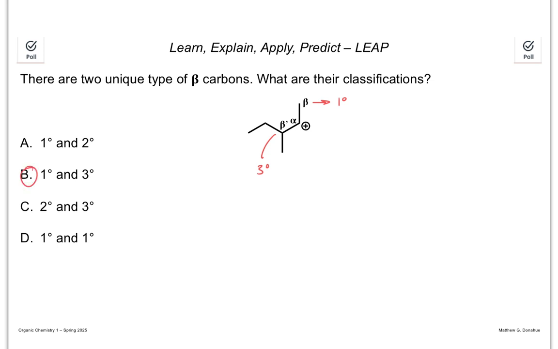So we end up with B, primary and tertiary. And once you do that, it's really going to tell you if a rearrangement can occur, because we started with something that's secondary. We see that by classifying, one of them became tertiary. That's going to show us it's the driving force for a rearrangement.